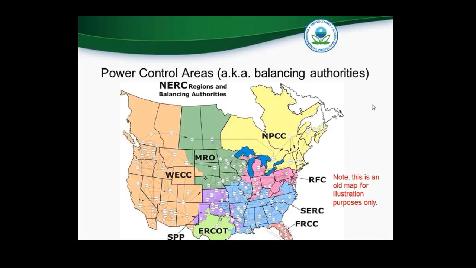And marginal emission rates are basically those where someone has made a determination, I'm only going to look at the units that are being last dispatched. So that's the big difference between the two. I hope that answers your question.